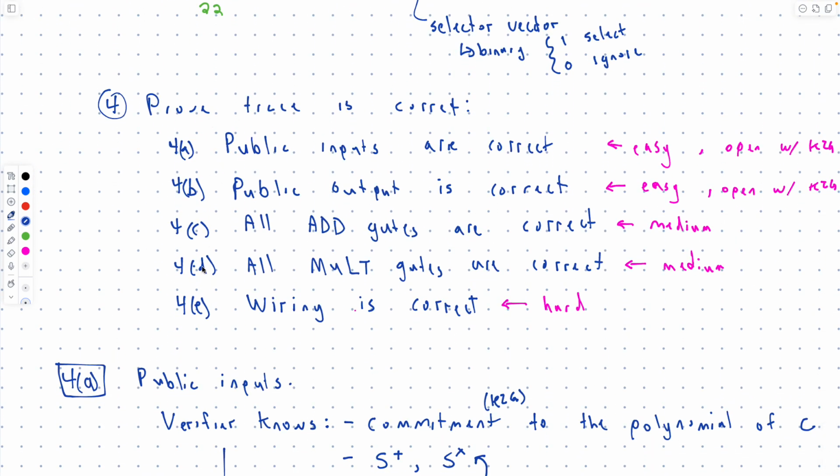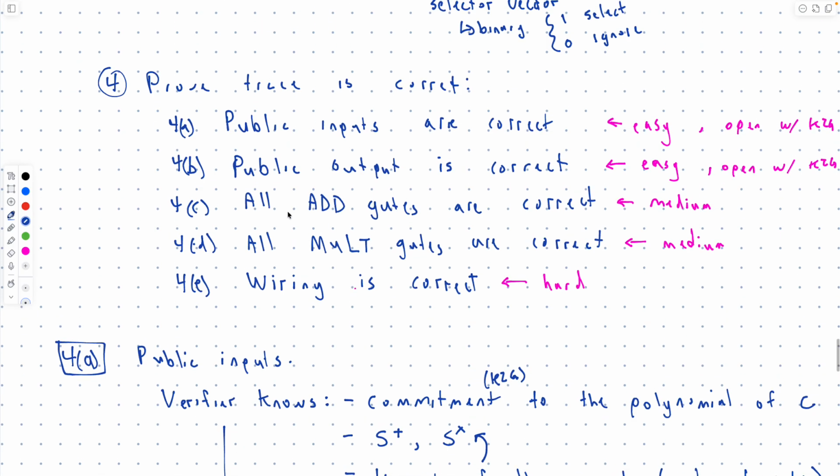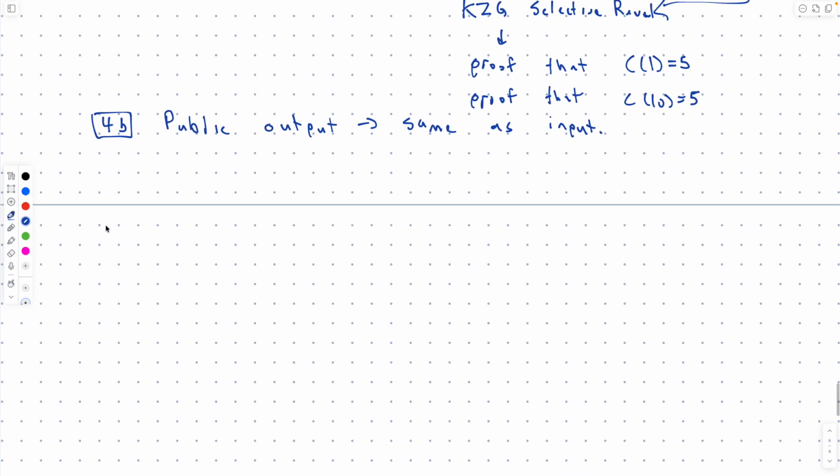Now let's think about the addition gates. So what I want to do is prove that every add gate in C, where C is a polynomial, is correct.